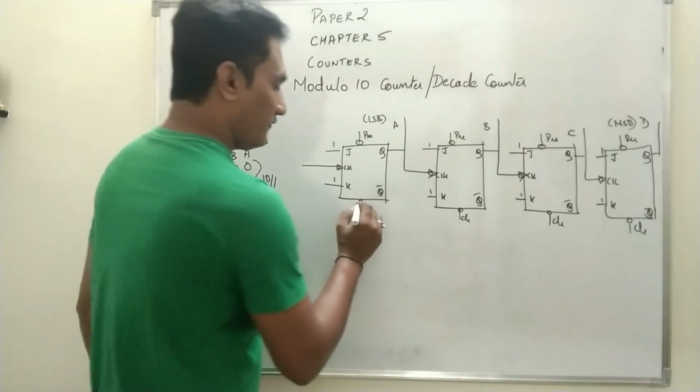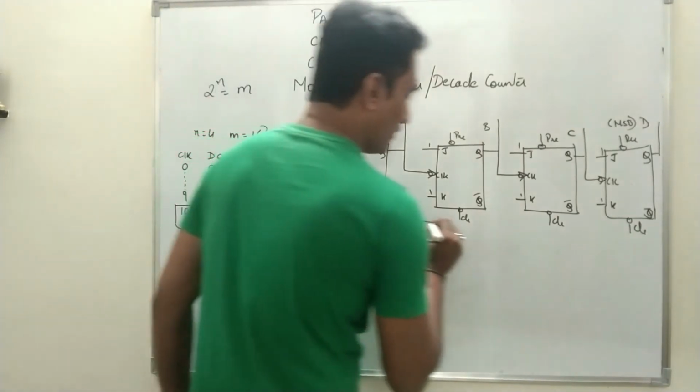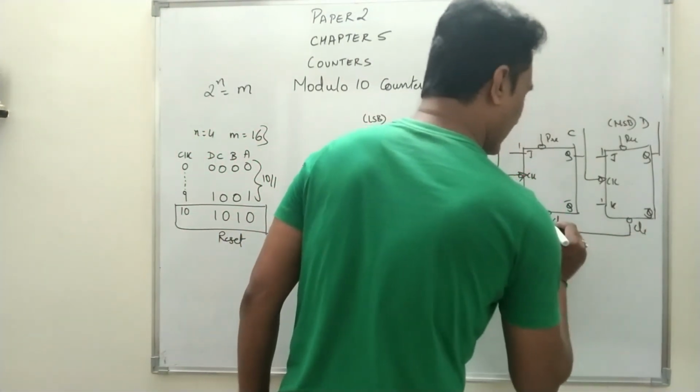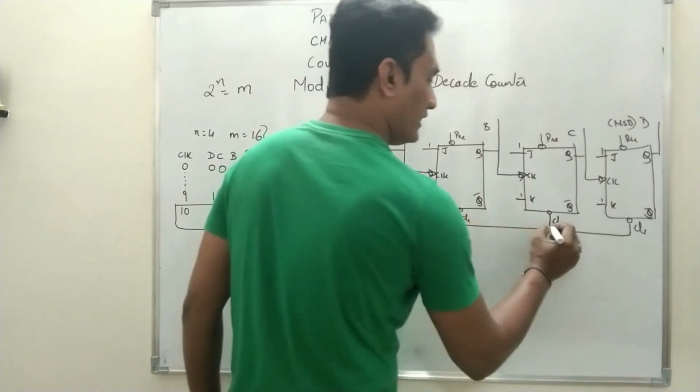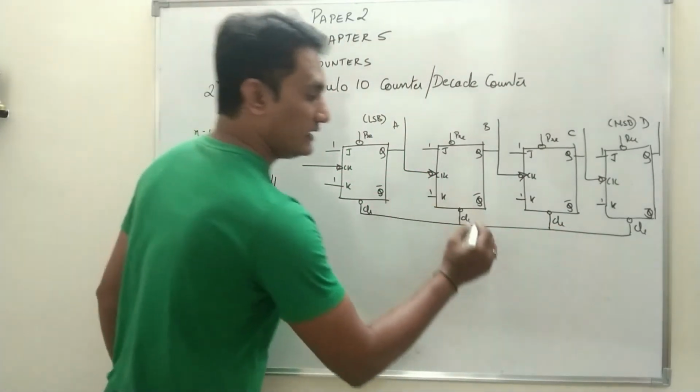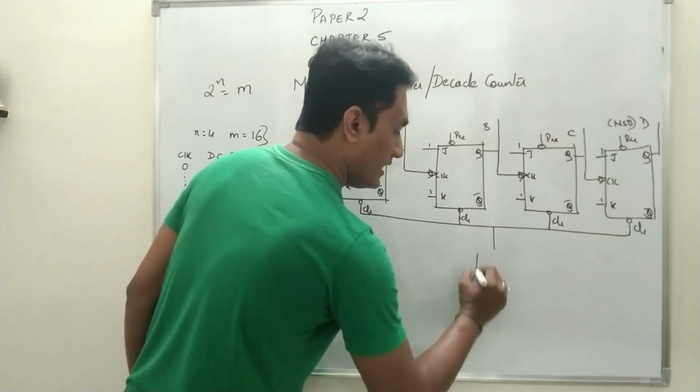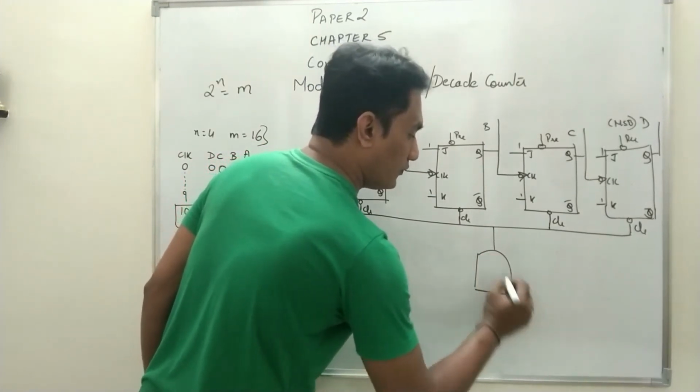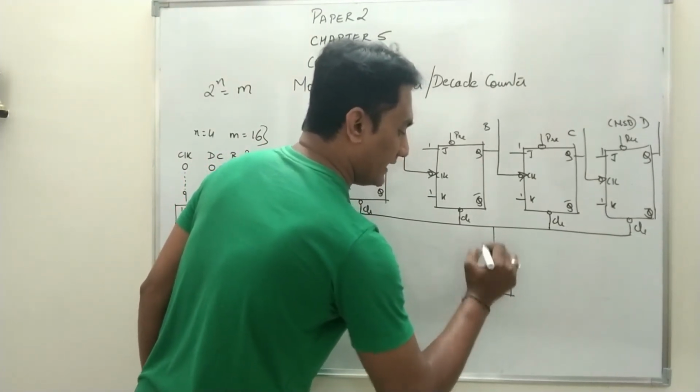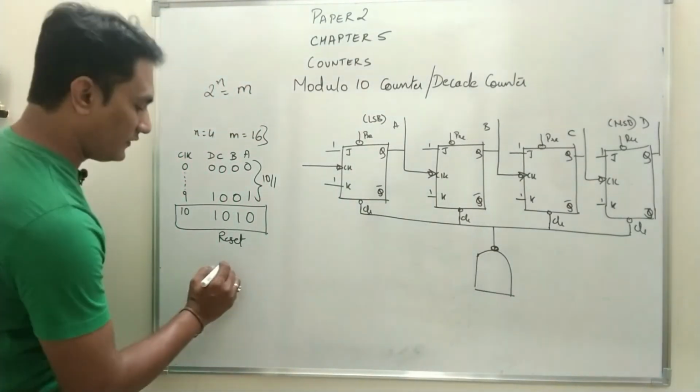So first what you do is connect all the clear terminals together. Of course, clear is for resetting the output. So clear terminals will be connected together, and connected to the output of a NAND gate. And what is the output of a NAND gate?